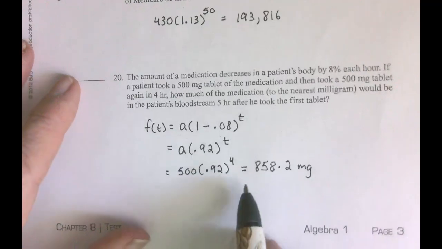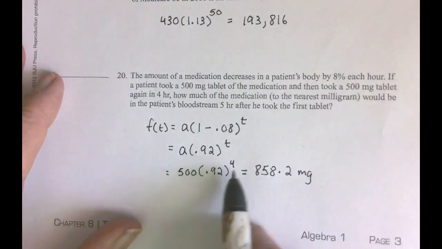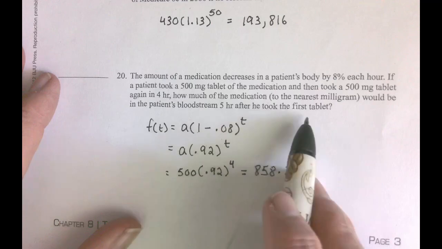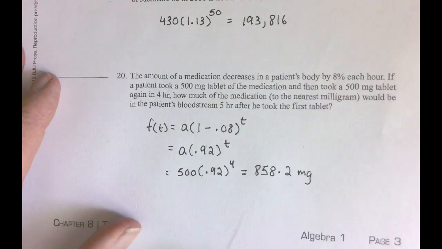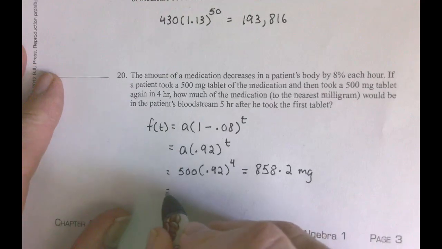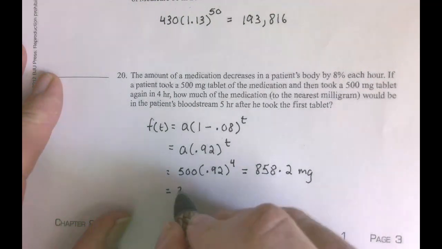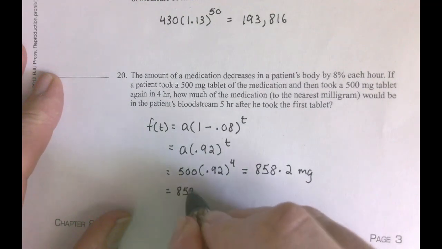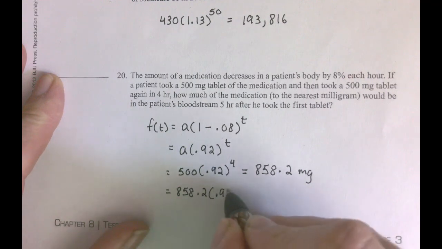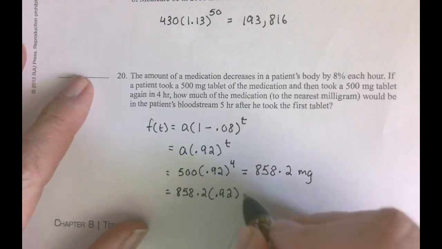Now the problem is, they're asking what would be in the patient's bloodstream 5 hours after he took the first tablet? So we need to do this again with an additional hour. Now our A is going to be 858.2 times 0.92, and now our time is just 1 hour.